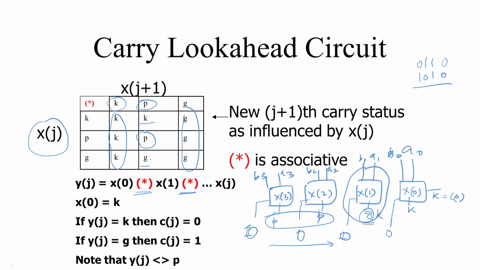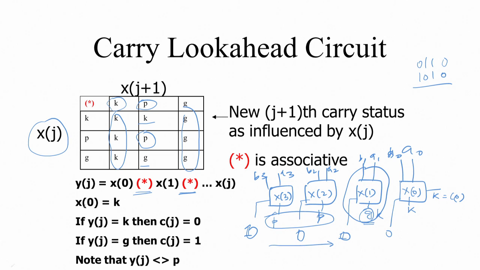So now what I do is I get the status of every carry that I contribute to the next stage just by seeing these A's and B's. Then I do a prefix computation on these carries, on the status, right.